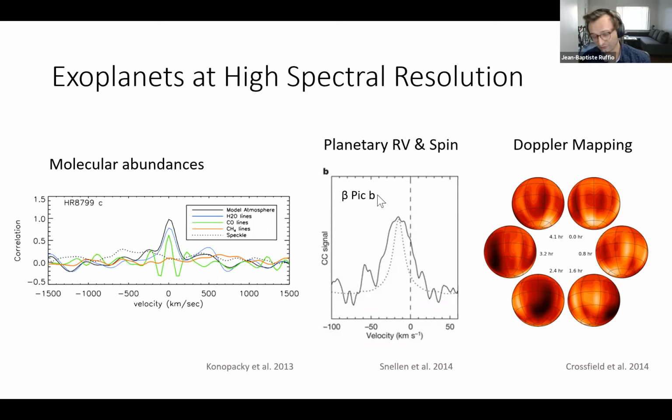Also, higher resolution spectra means we can measure radial velocity of planets, we can measure spin, so we can better characterize their orbital dynamics. And if we have very high signal-to-noise ratio spectra, for example, for bright brown dwarfs, we hope to be able to detect surface inhomogeneities, like clouds around the planet, with Doppler imaging. So that's something we hope to do with KPIC.